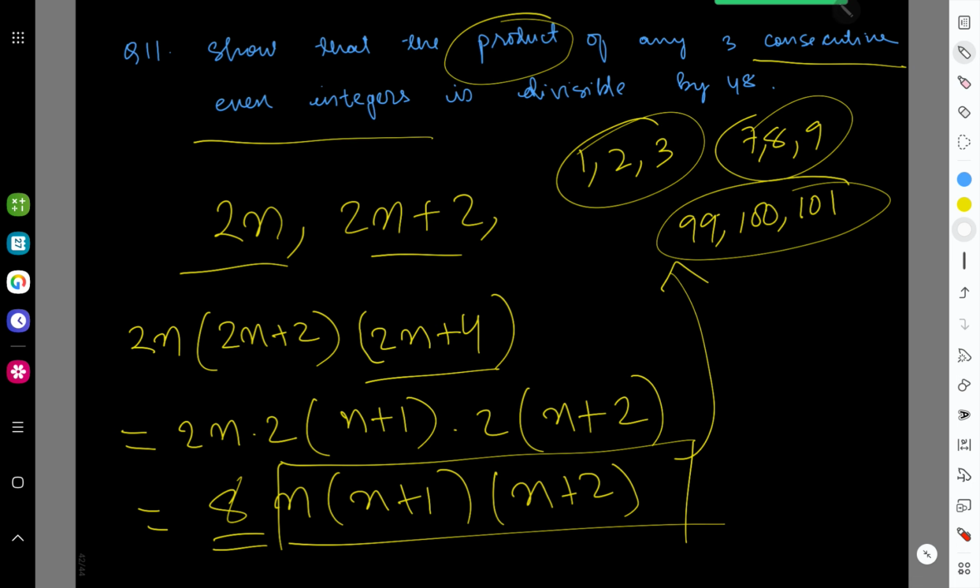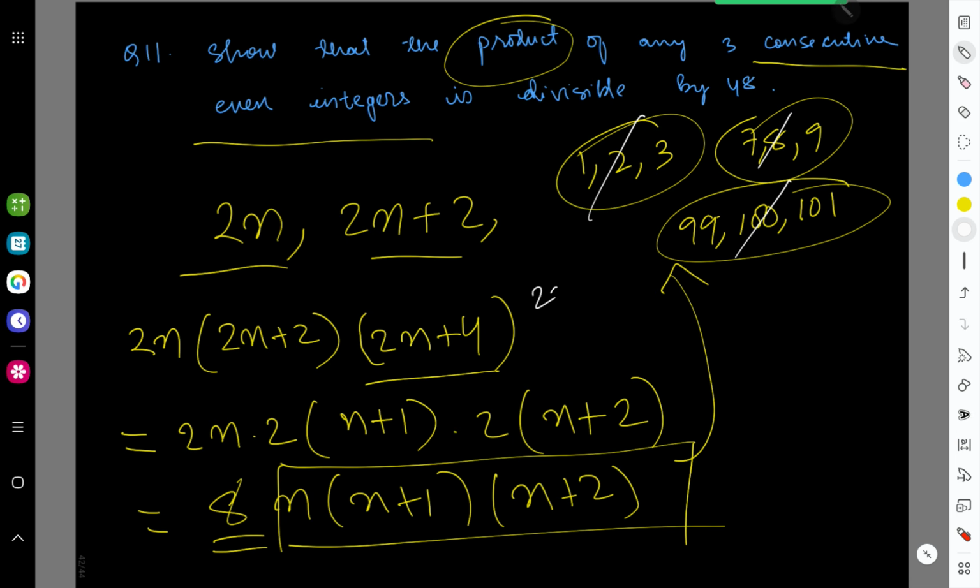Let's see, here 2 is even, here 8 is even, here 100 is even. Take any three such consecutive integers: 200, 201, 202. It is even, it is even. So the property says that at least one of them must be even.